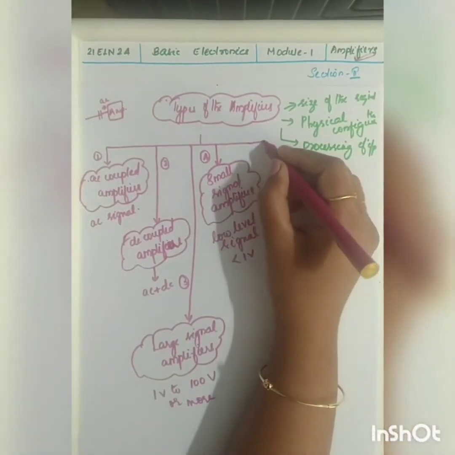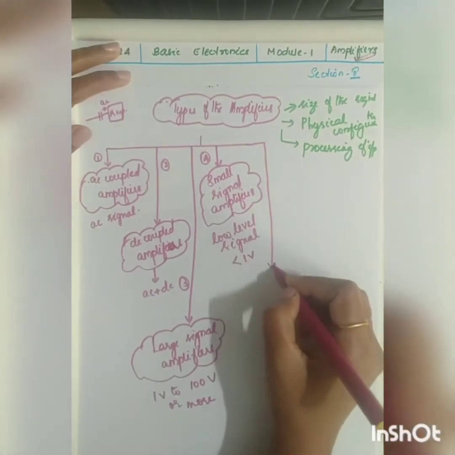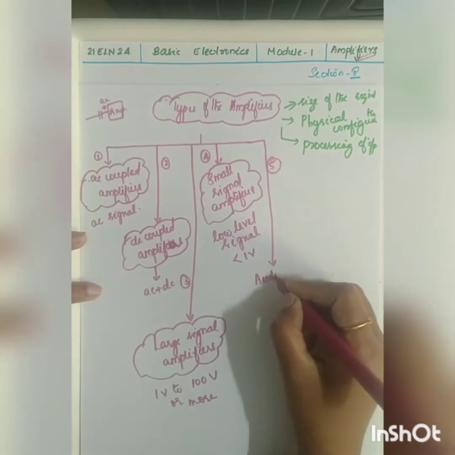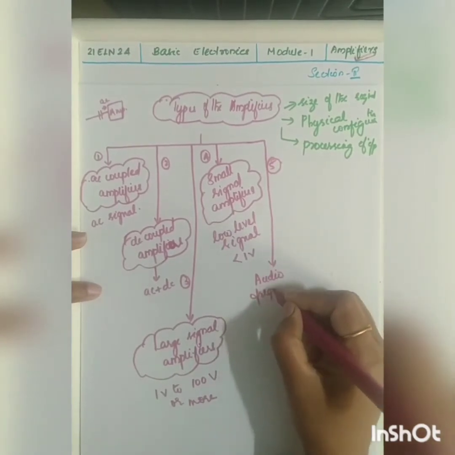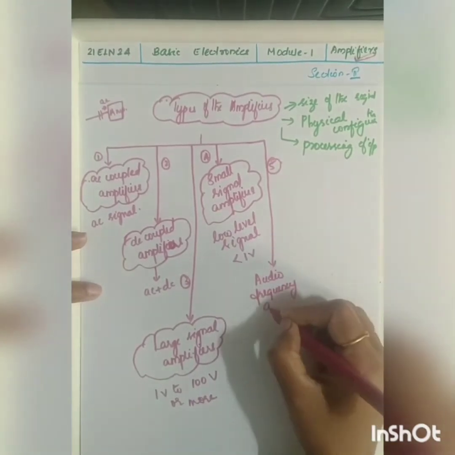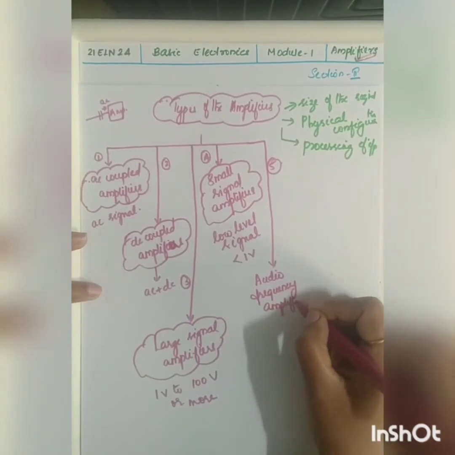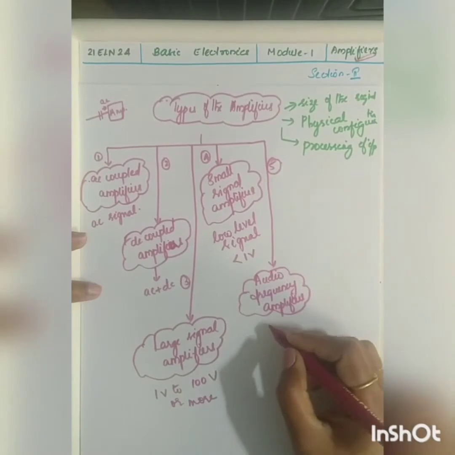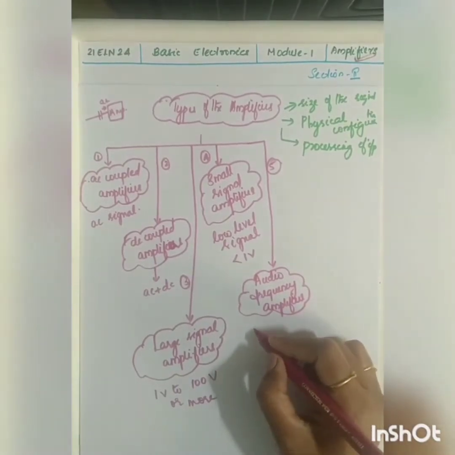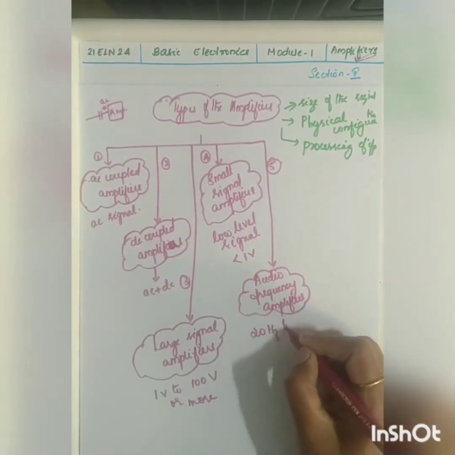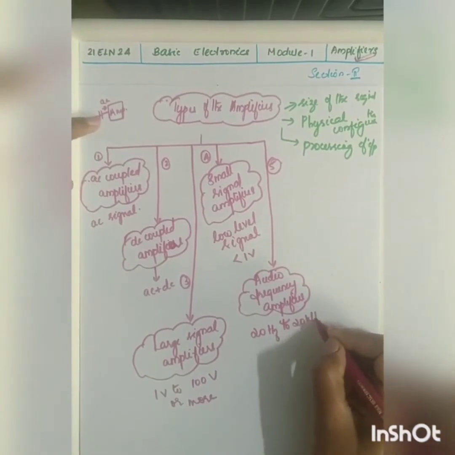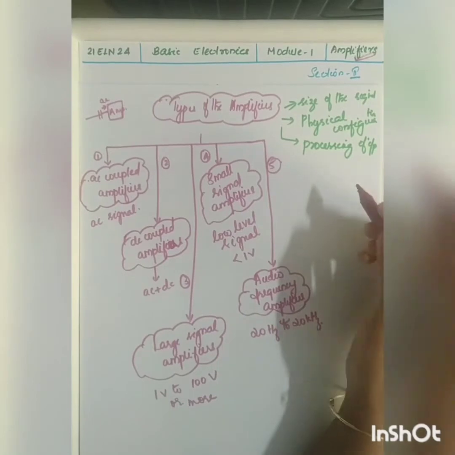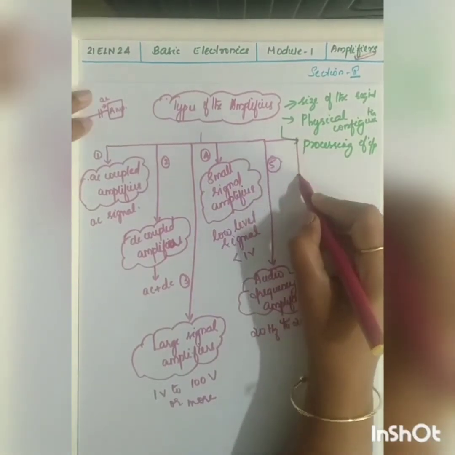The fifth type is called audio frequency amplifier. An audio frequency amplifier is the amplifier which amplifies the audio frequency range, that is 20 Hz to 20 kHz signal. The sixth type is going to be your wide band amplifier.